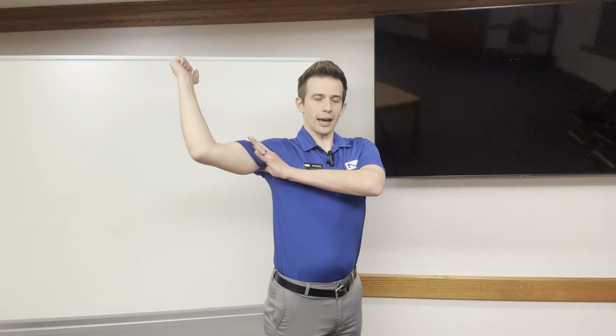As we bring the arm up like this and back toward the back wall, that is external rotation as this bone turns externally out. As we bring our arm down and back around toward the wall behind us, that is internal rotation as our upper arm rotates inward.